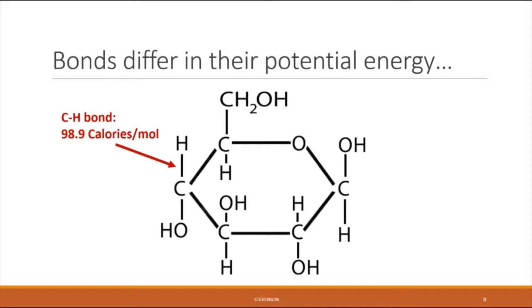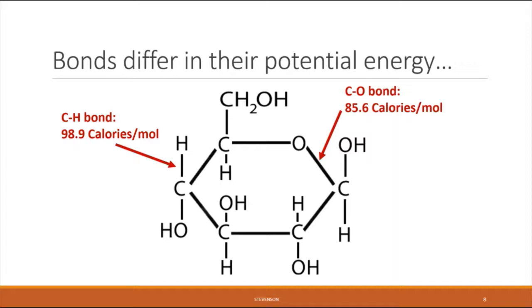And a mole is a measurement of quantity used in chemistry. You don't have to know for our purposes what it means, but we kind of think of it like a dozen. It's a measurement of quantity. So 98.9 calories per mole in a carbon to hydrogen bond. We also see in this molecule that we have carbon to oxygen bonds.